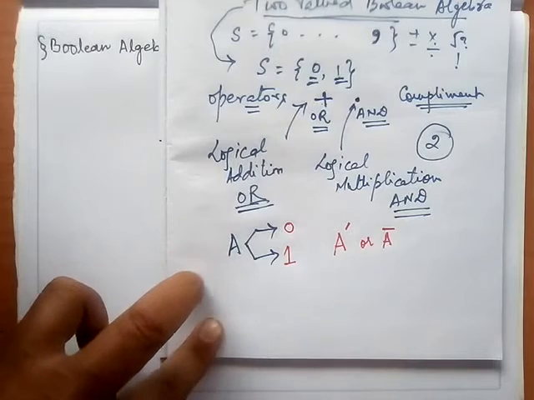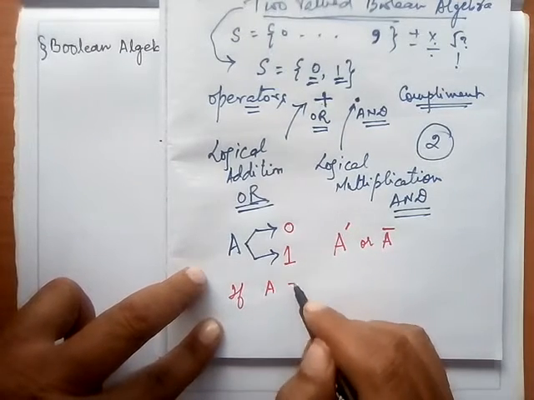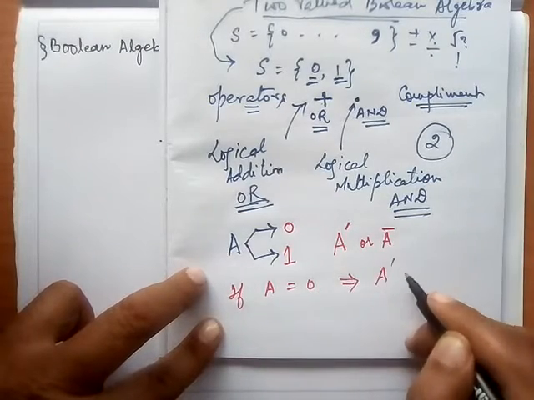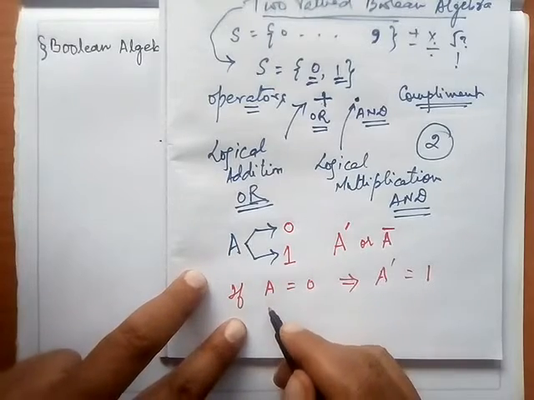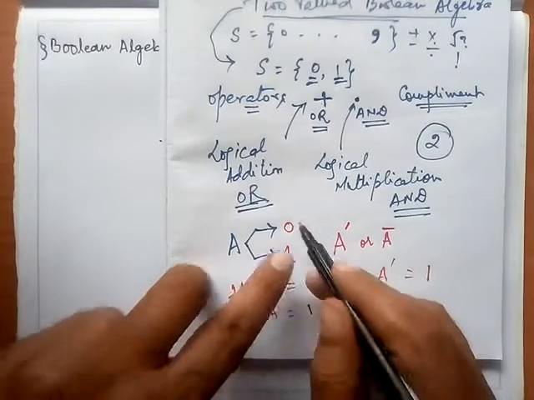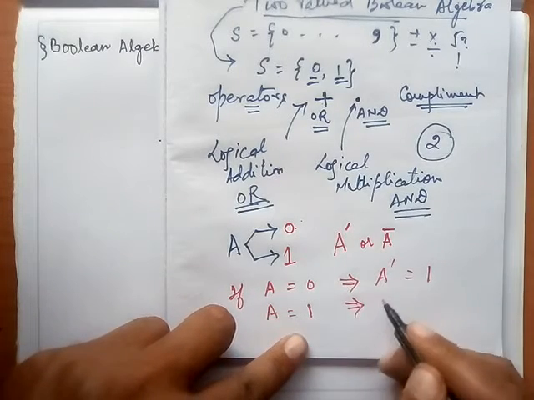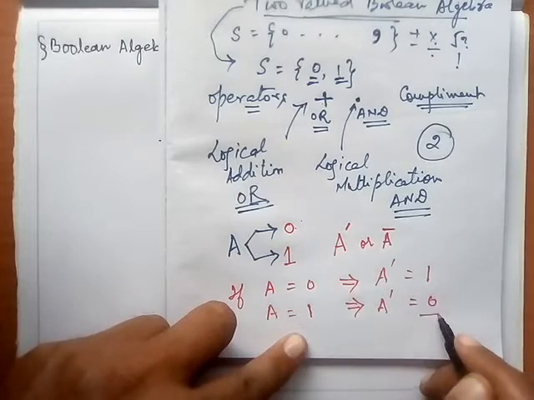What does it mean? If a is equal to 0, this implies that the value of a complement is equal to 1. And if a is equal to 1, this implies that the value of a complement will be 0.